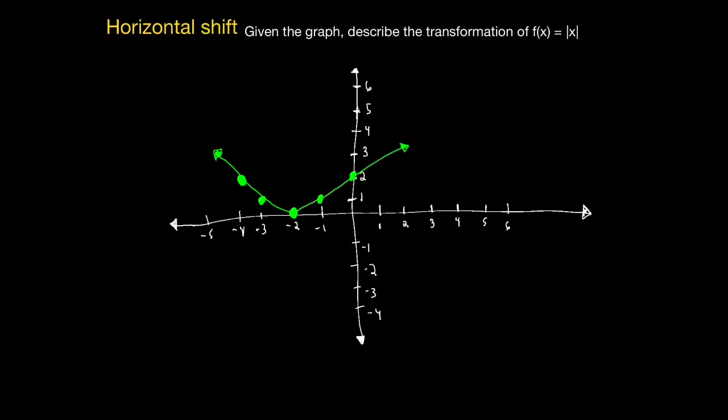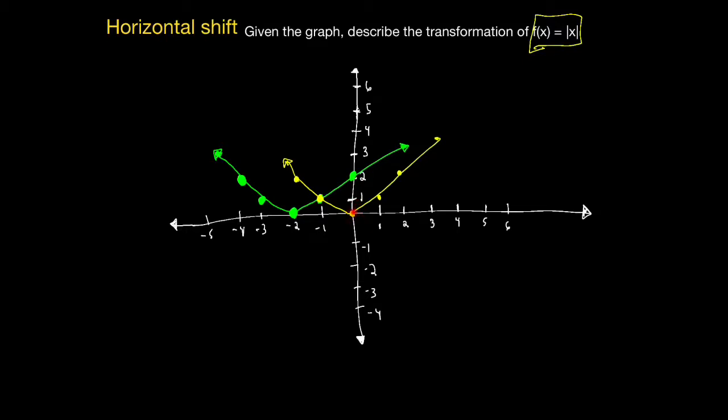Like the rest of the other problems, let's graph the f of x equals absolute value of x function. Here we plotted our first point at the origin, then 1, 1, negative 1, 1, negative 2, 2, and then 2, 2. And we have our little sketch here. Now let's analyze the origin and see how many units it moved to the left.